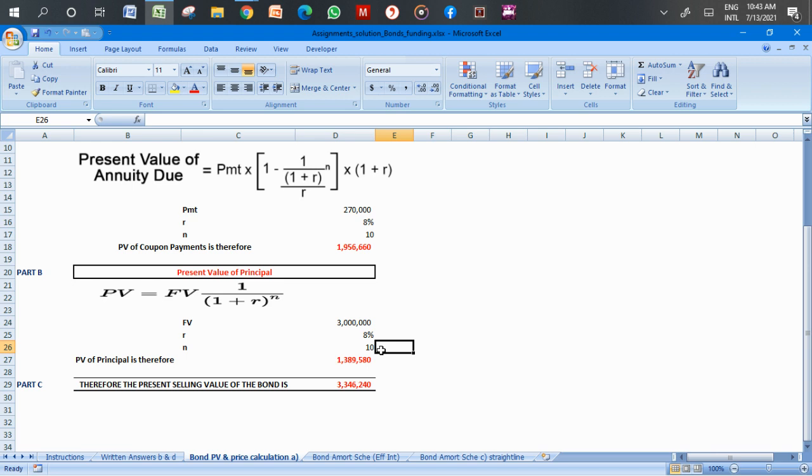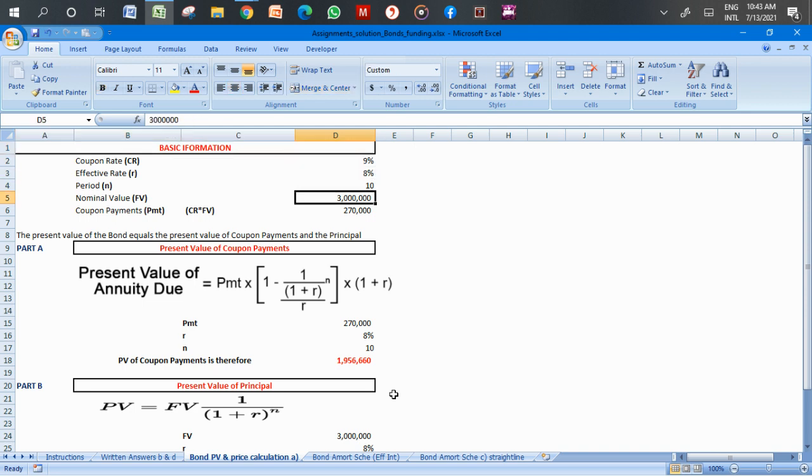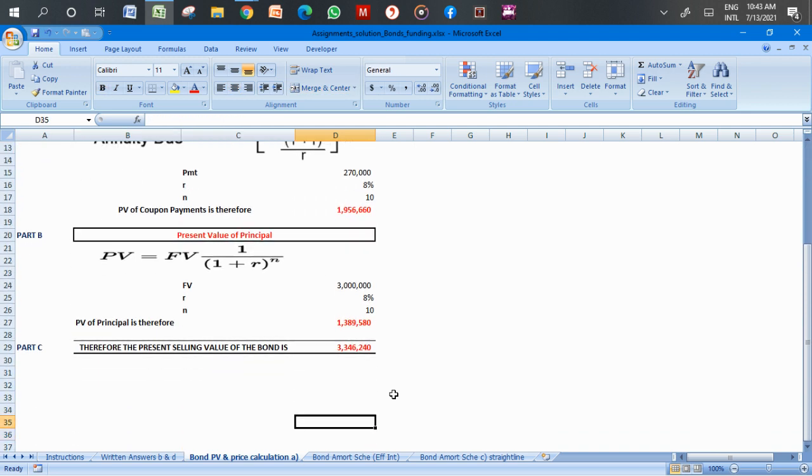If you replace FV with 3 million, R with 8%, and n with 10 years, then your present value will be 1,389,580. And if you add the two, the present value of the principal plus the present value of the coupon payments, whatever you get is the present value of the bond.